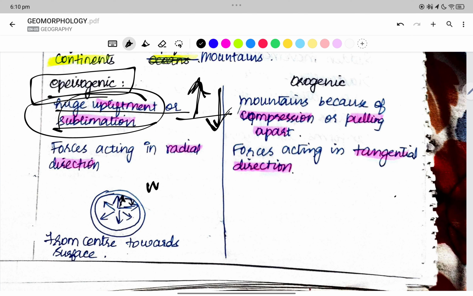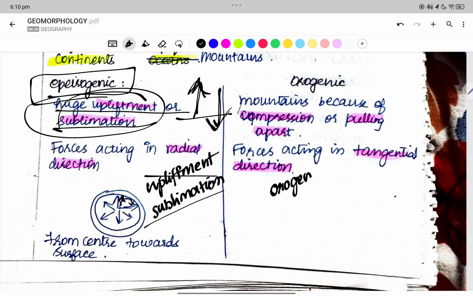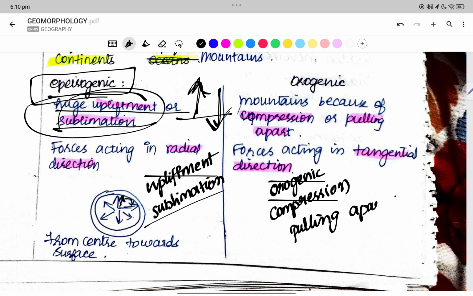Whereas orogenic forces are due to compression, or pulling apart. So compression or pulling apart.